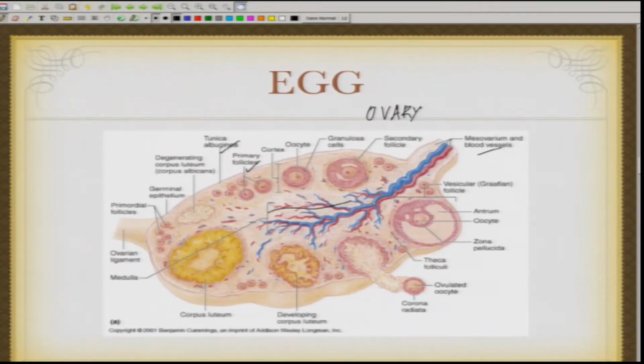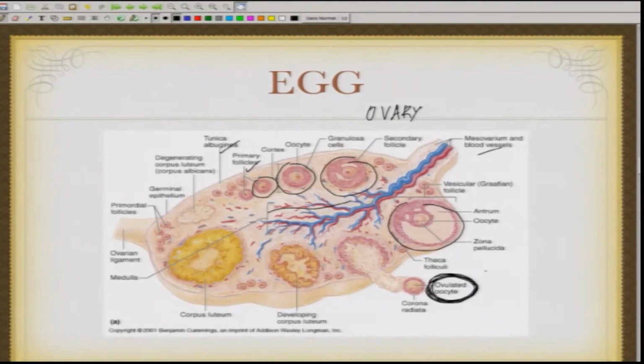These are the primary follicles which are destined to form eggs. They form the oocytes. Then they form the secondary follicles, and then they divide and form a complex egg-like structure, and this is the ovulated oocyte. So this is the one which is being released every month.